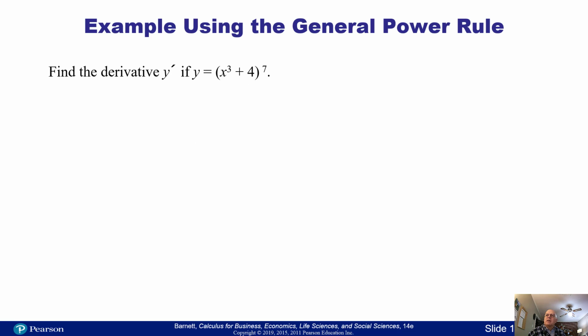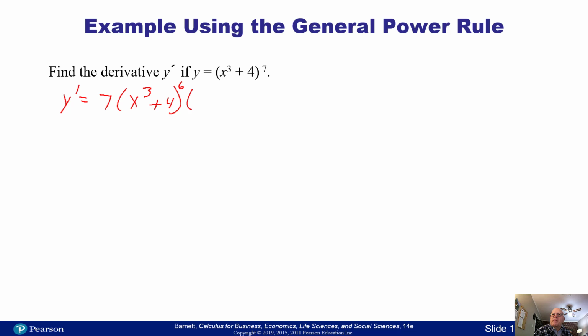How about another one? You want to pause it and see if you can do this one? See you in a second. Okay, you're back. All right, we're going to take this a little bit faster. y prime equals. Bring that 7 out front. Leave this alone. Reduce the exponent by 1, so it's 6.